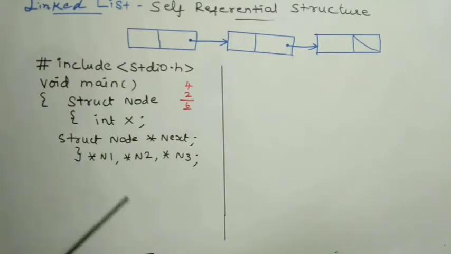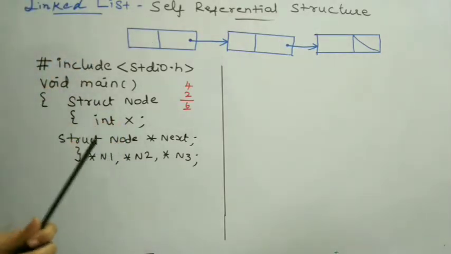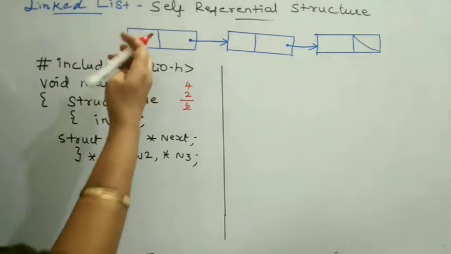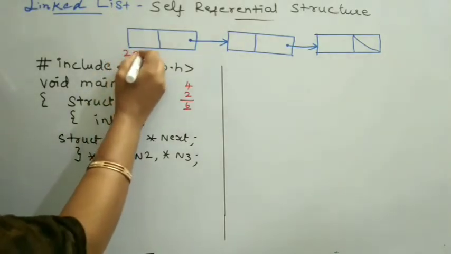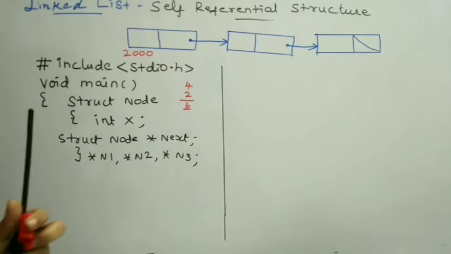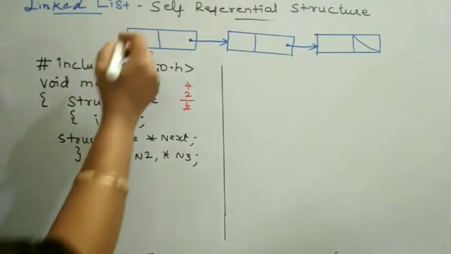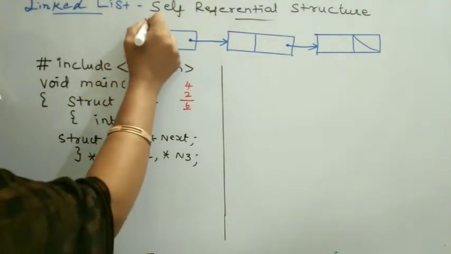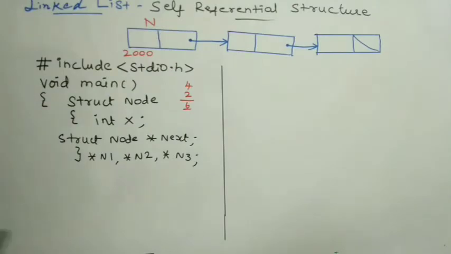When we declare the pointer variable n1 for the structure, it allocates consecutive memory addresses starting from, consider, memory address 2000. From 2000 to 2005, it will be allocated and reserved for this node n1.